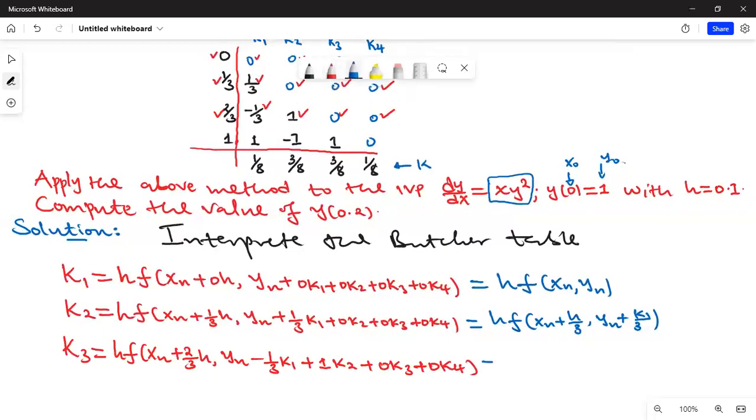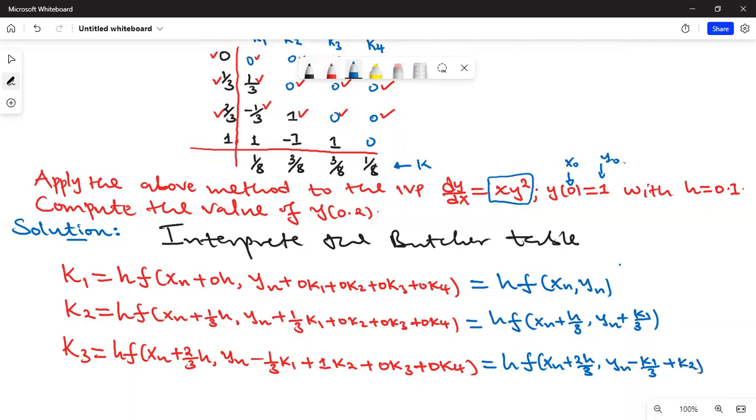If you simplify this, you get h f(xn + 2h/3, yn - k1/3 + k2).